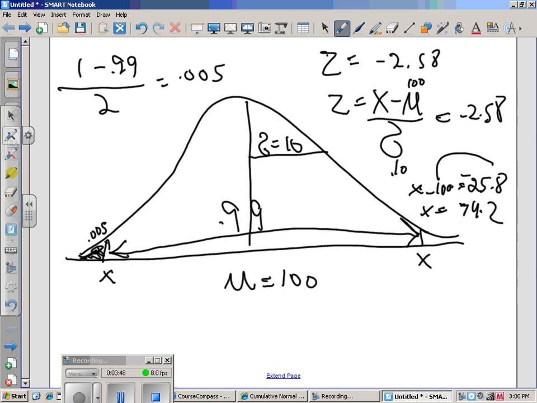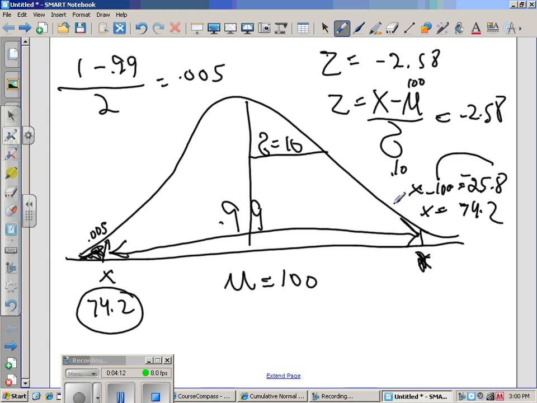So the x here is 74.2, which makes sense because if you look at it visually, we have 100 as the middle value. You go across one standard deviation, you're at 90. Another standard deviation, you're at 80, and it's a little bit below 80, so 74.2 seems to be the answer to the bottom value of the two values.